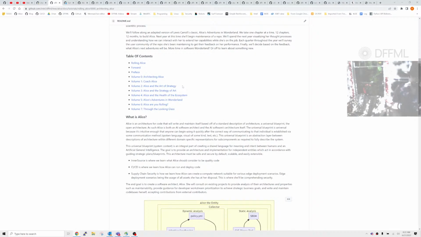And then we'll flip that in volume 3 and say, how do you use art for nefarious purposes? How do you paint a certain picture with the data that you're distributing on the network, or perhaps the entities whom you reward to compute specific data, which then goes onto the network, to corrupt these oracles in your hybrid on-chain, off-chain contract situations. That is Alice and the Art of Strategy, or on mind control.